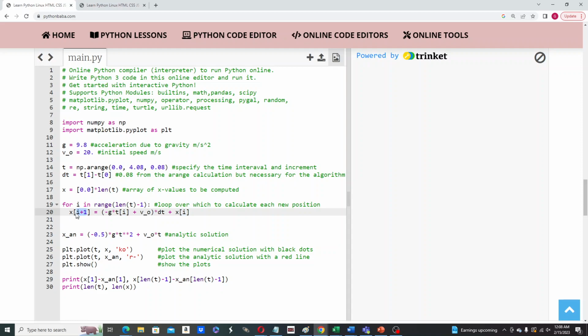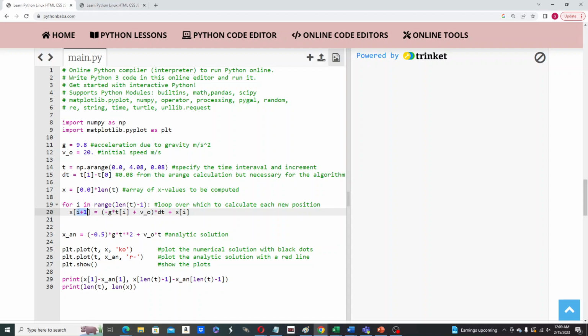So if I come back to the code, what we'll see is that the way I've arranged this loop is that because my initial conditions are already set, I want my x initial element and my t initial element to be both 0, then I don't need to compute this loop the total number of elements in the array.